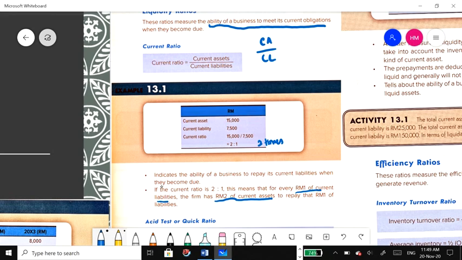Sebab tu, I cakap the higher the current ratio, the better the performance of the company. Maksudnya, company tu boleh bayar dia punya hutang. So baguslah, sebab tu kita perlukan banyak. Kita perlukan current ratio yang tinggi untuk company kita, supaya kita dapat membayar semua hutang-hutang kita on time.